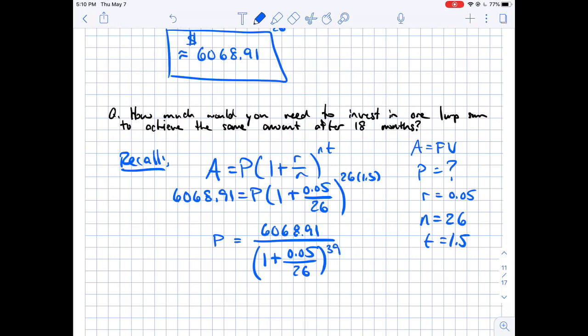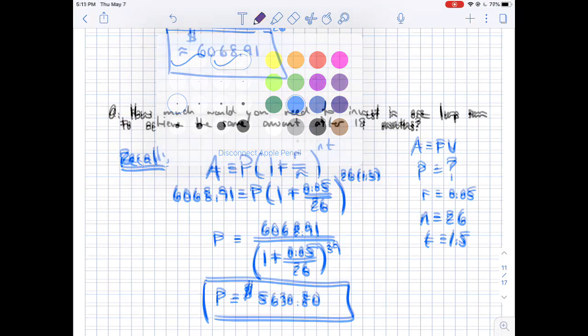You get out your calculator for this, and what you will have at the end is P equal to 5,630.8, and that's how much money you would need to invest at the start in order just to earn interest and have the same amount of money after 18 months.